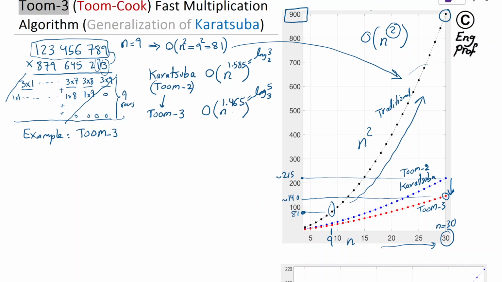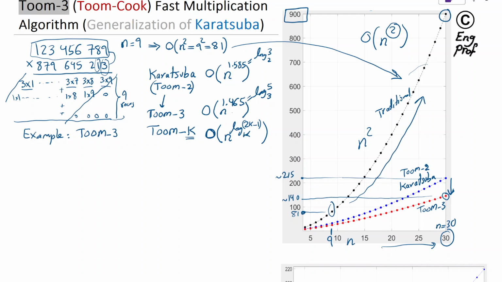Just bear in mind that in general, before I jump into the example, the generalization of the Toom-Cook algorithm is not limited to just Toom3. Toom-k is the generalized scenario with a parameter k, and it is shown mathematically that the complexity is on the order of O(n) to the log of 2k minus 1 base k.